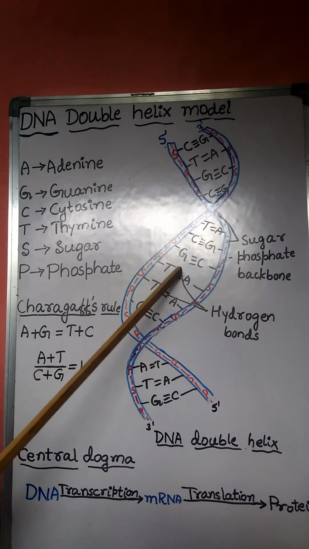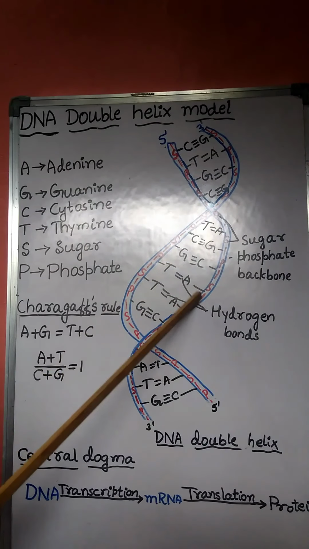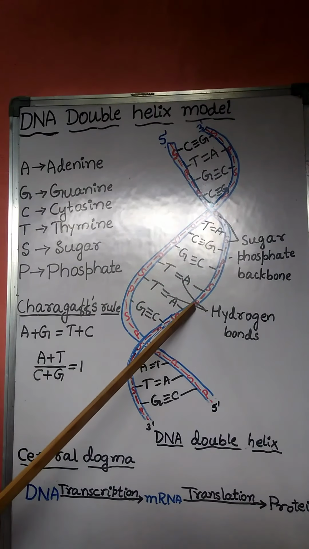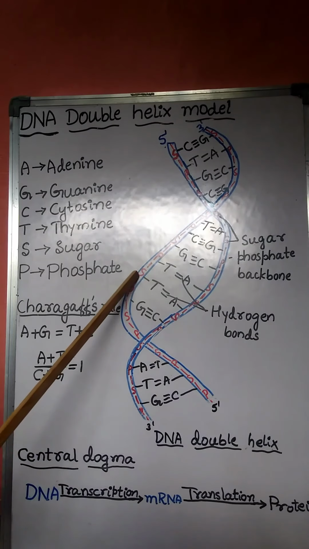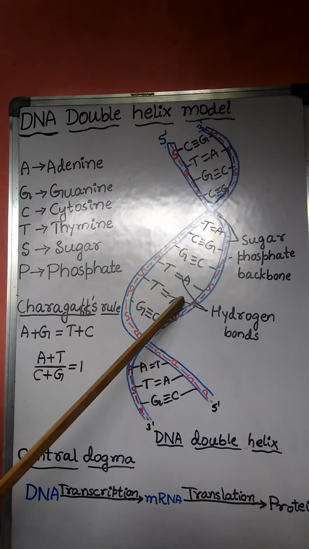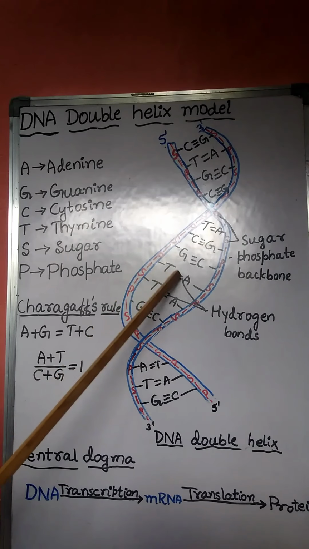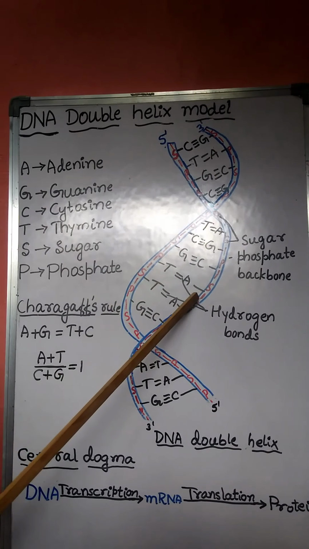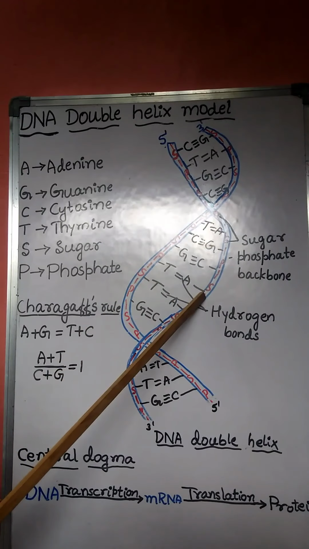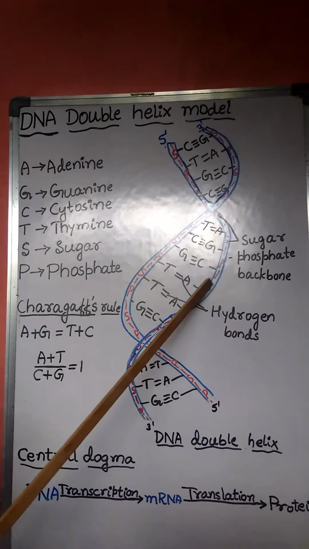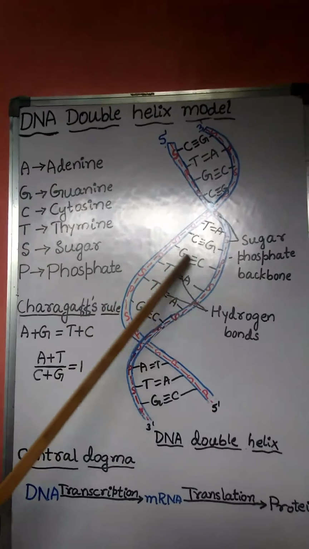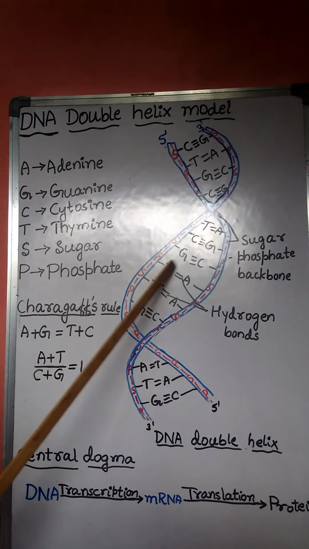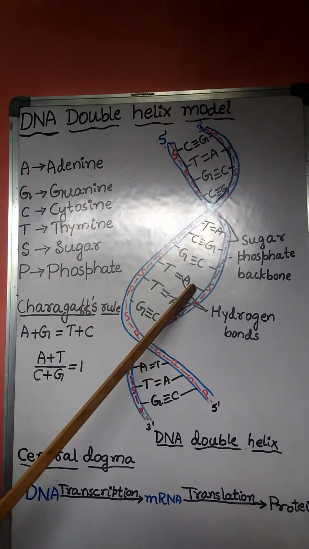The two polynucleotide strands of the DNA are held together by hydrogen bonds present between the purine and pyrimidine bases of opposite strands. Say these two are opposite strands. Here you can observe the nitrogenous bases, pyrimidines and purines.